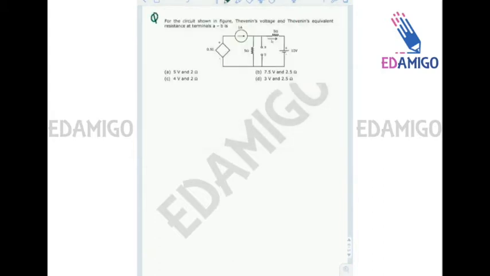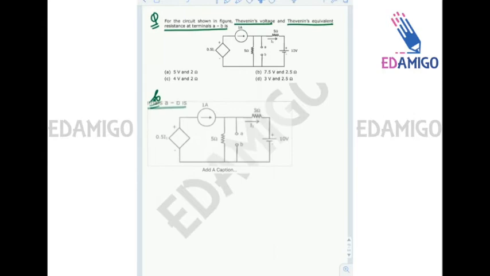So this is the question. We have to find the Thevenin voltage and Thevenin equivalent resistance between terminals A and B. I will just copy the figure.